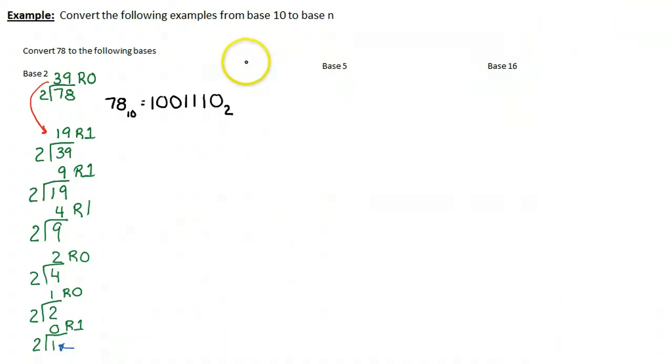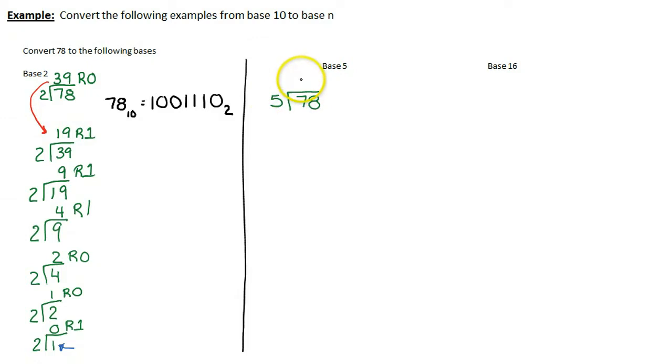So let's apply the same logic now, and let's figure out what 78 is in base 5. All I have to do is take 78 and divide it by 5. So 78 divided by 5 is going to give me 15, with a remainder of 3. Then I take 15, divide that by 5, and that's going to give me 3, remainder 0.